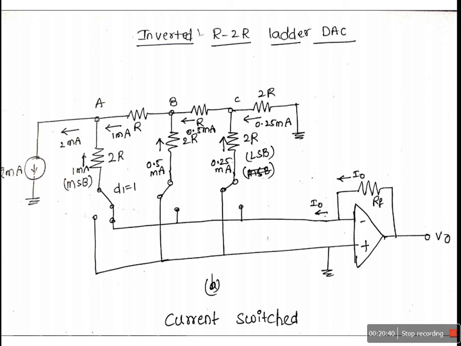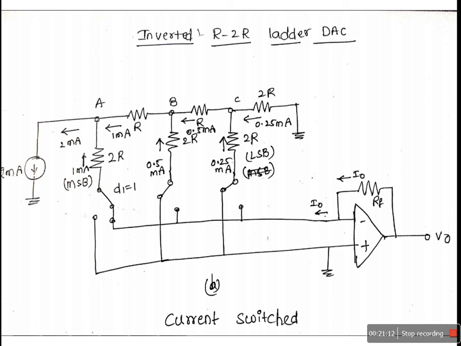So by using this, the power dissipation will be decreased, because here we are using a constant current source. The current is constant, so the voltage drop across these resistors will be accordingly reduced whenever the number of bits increases. So the only difference between the inverted R2R ladder and R2R ladder circuit is that in the previous case, if the number of bits increases, the voltage drop across each resistor will increase.